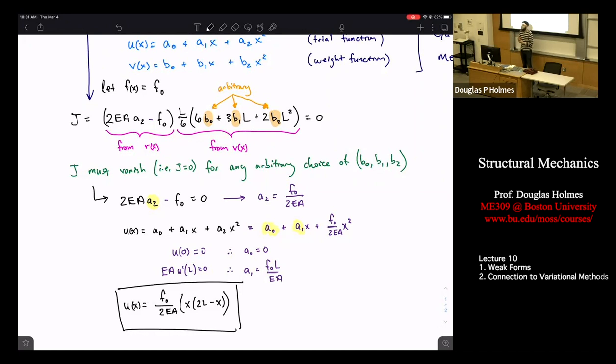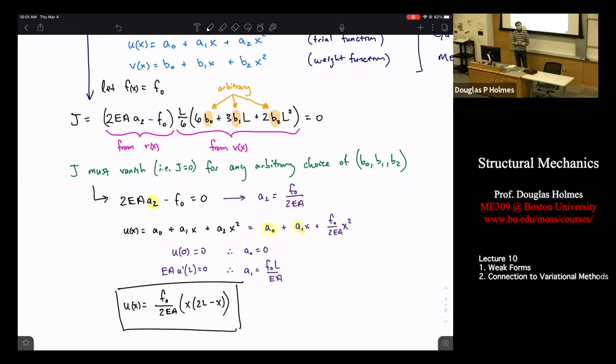It's probably only partially answering your question, because I would imagine that it's still a little bit of a mystery why the virtual displacements in the first variation work at all.